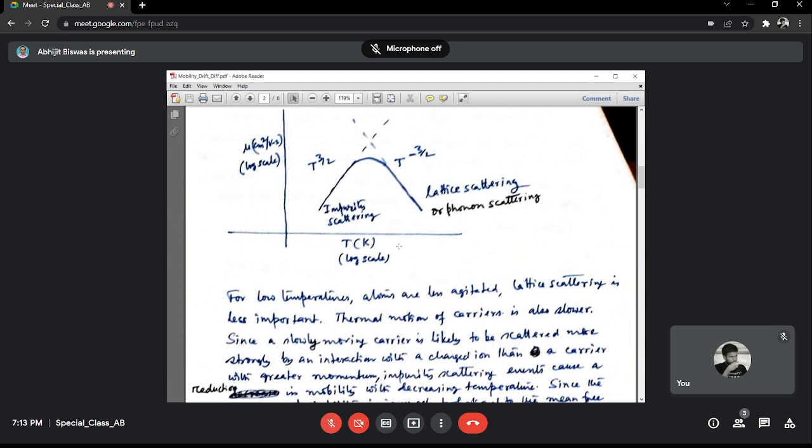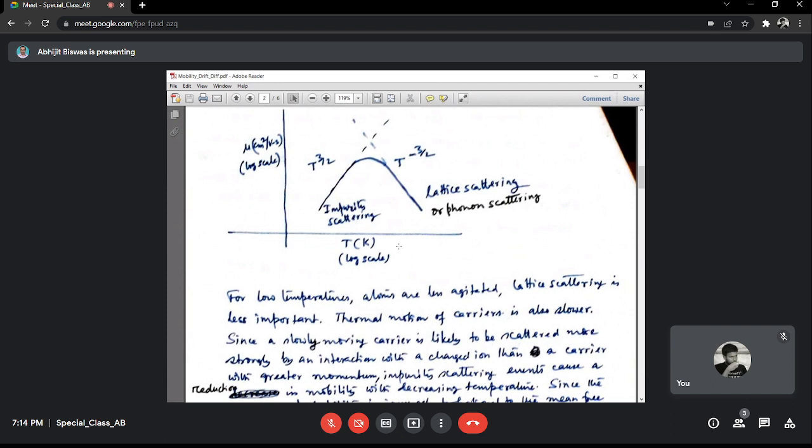So if one electron comes nearer to the donor atoms, it will be attracted because of the negative charge on the electron and positive charge on the donor atoms. And if an electron finds it is nearer to another electron, then it will be repelled. So this kind of attraction or repulsion will take place when the temperature is low.